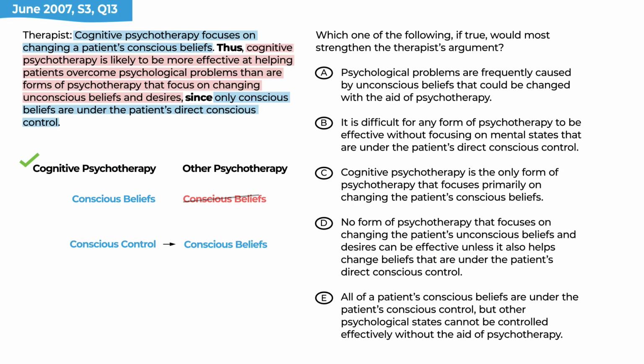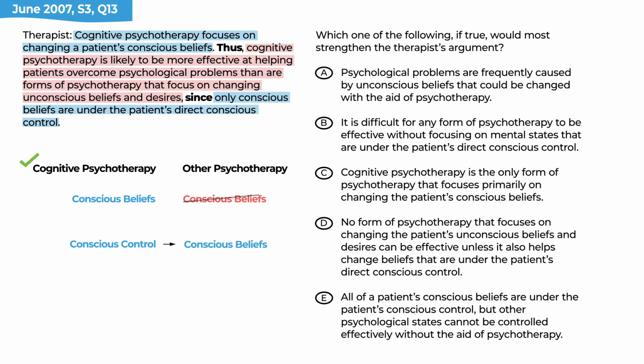So back to the argument again. Now, if we go to try to figure out what's the gap in the reasoning, now that we have the evidence and the conclusion, we're looking for a way in which the evidence might connect together. And we have this comparison between cognitive psychotherapy that focuses on conscious beliefs and other types of psychotherapy that focus on unconscious beliefs. And then they tell us that if something is within a patient's direct conscious control, then it must be a conscious belief.